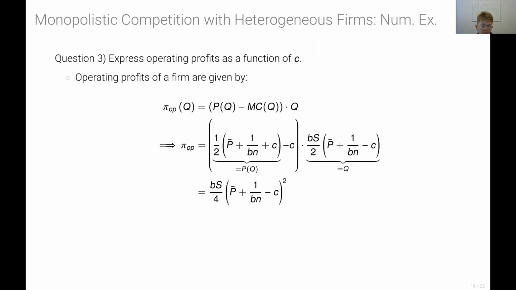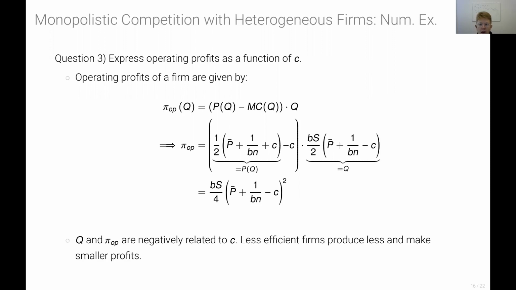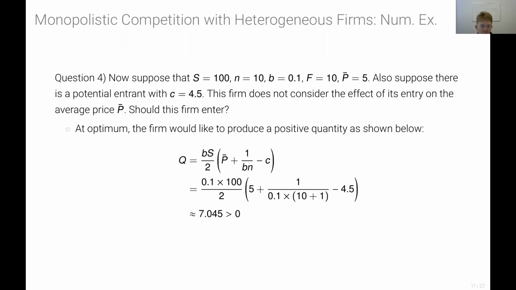And so it would make sense that the same relationship is going to hold between marginal costs and operating profits. If I have a lower marginal cost C, then I'm more efficient, and so you would think that I'd have higher operating profits.